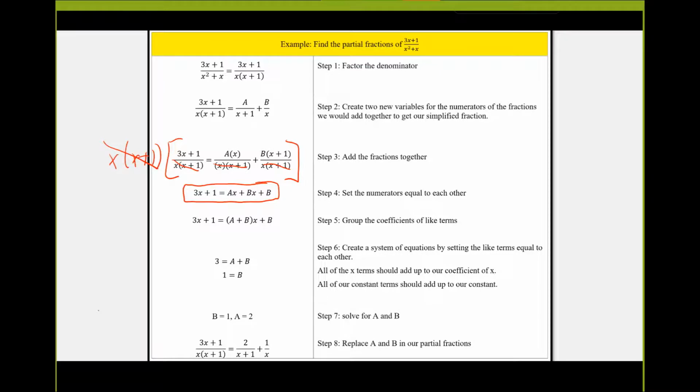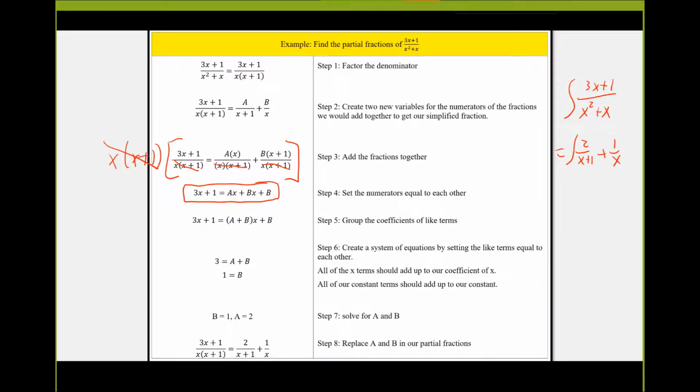So I could say the integral of 3x plus 1 over x squared plus x is equal to the integral of 2 over x plus 1 plus 1 over x, since we've just proven that these two are equal.